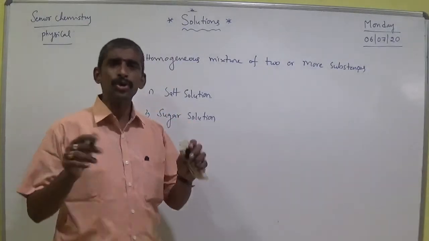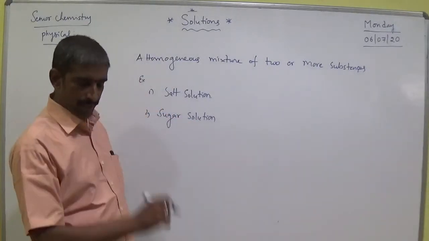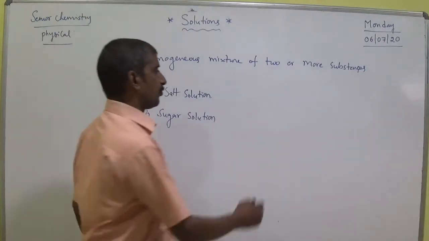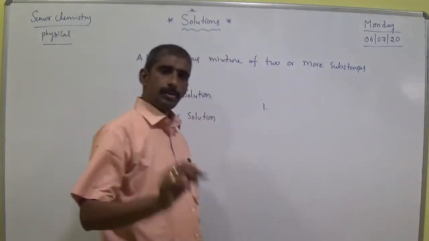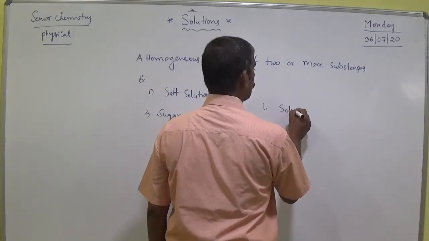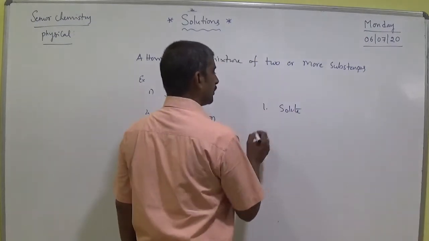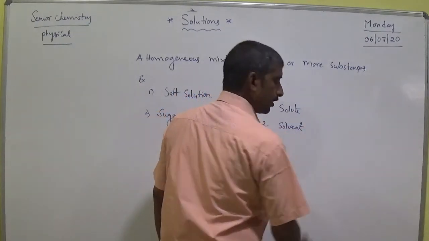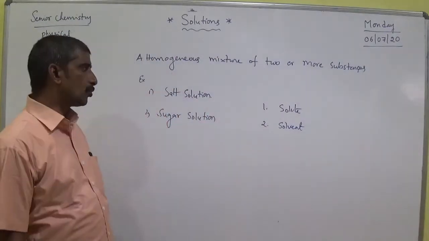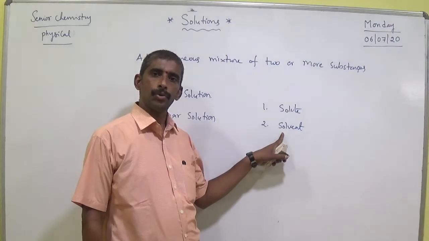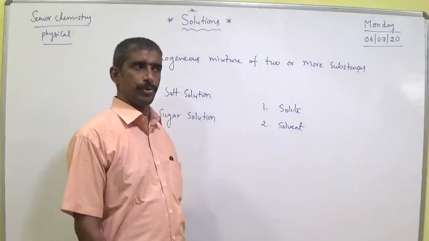A binary solution contains two components: first is solute, and the second is solvent. What do you mean by solute?